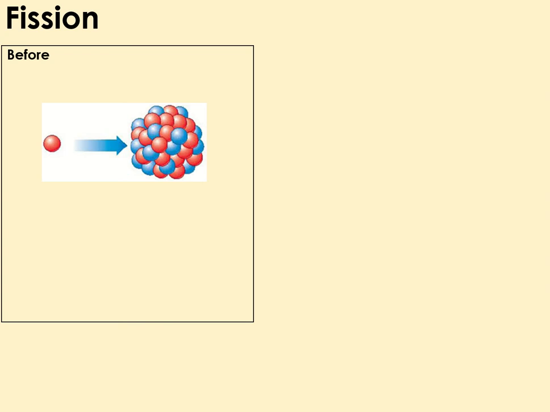With fission, you make it happen by firing a neutron, sorry, I don't know if I said nucleus by accident, at a large unstable nucleus.